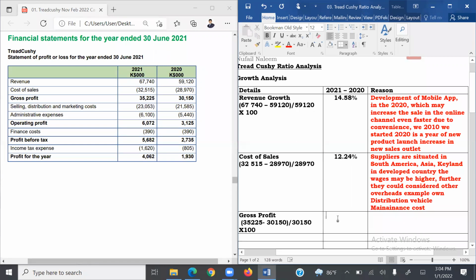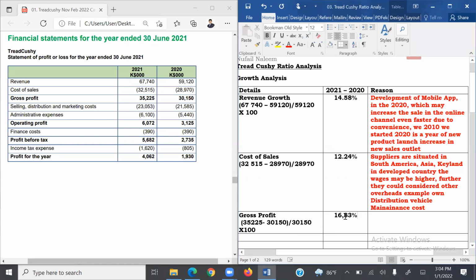So it's going to be 35,225 minus 30,150, divided by 30,150. The effective answer that you're going to give here is 16.83 percent. Once again, students, the gross profit also has increased.